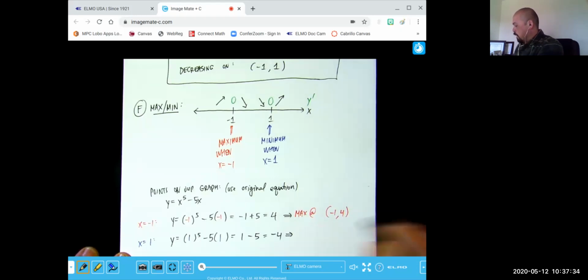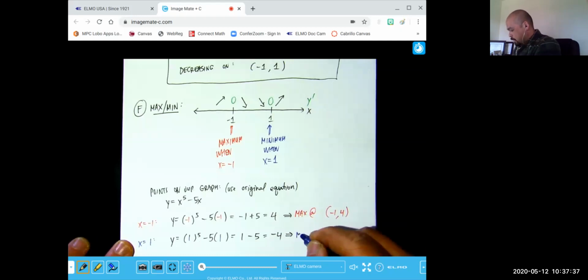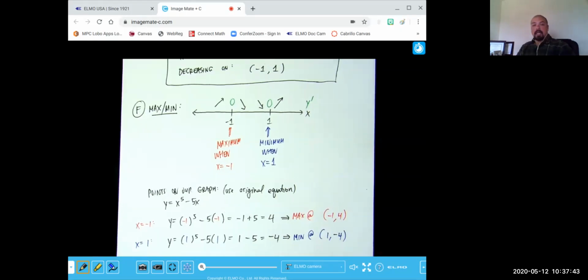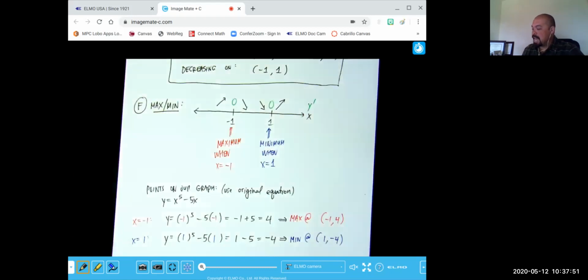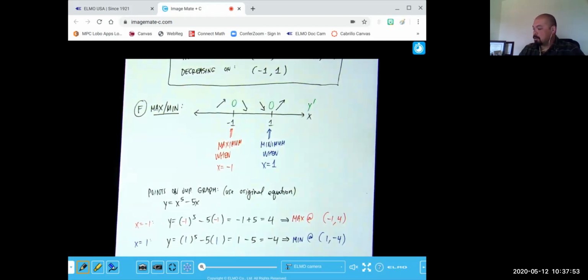So that symmetry we start to see here, our minimum at +1, -4, that solid location. Whatever happened on this side of x equals 0, that negative side of the x-axis, we're going to flip it over, invert it, and get that mirrored reflection on the other side. And that's that odd symmetry.